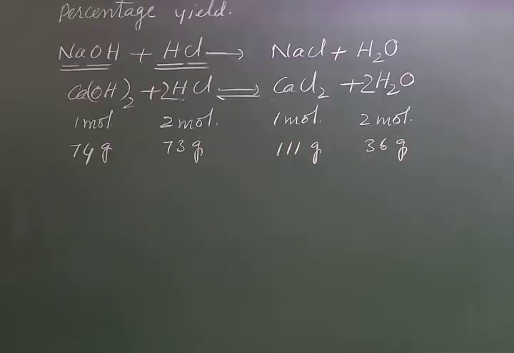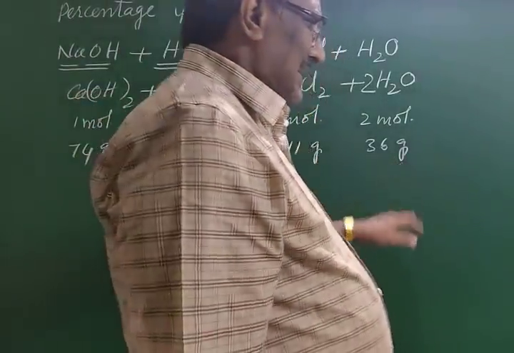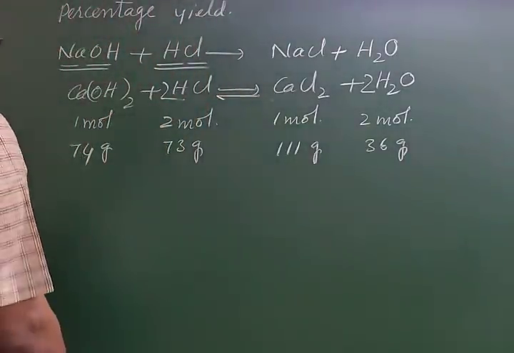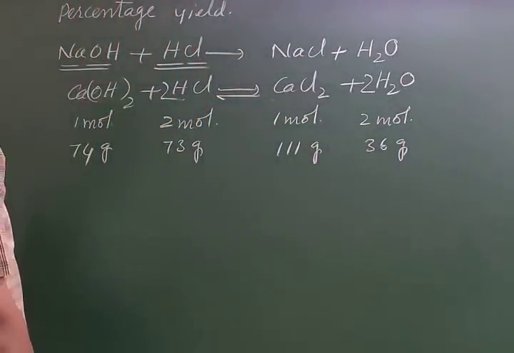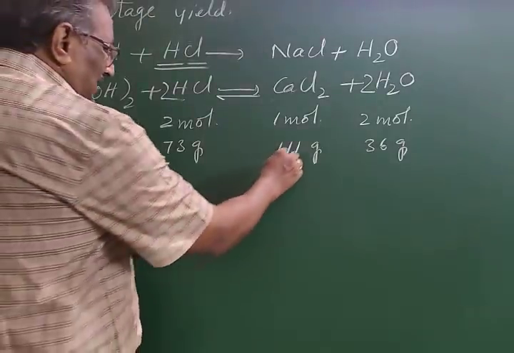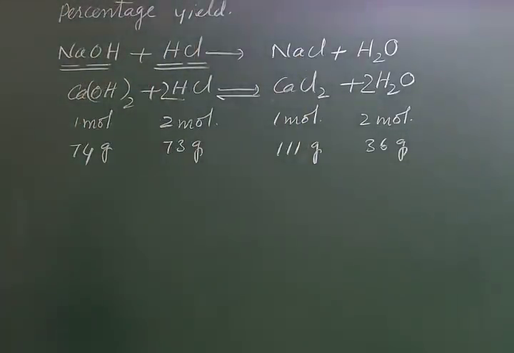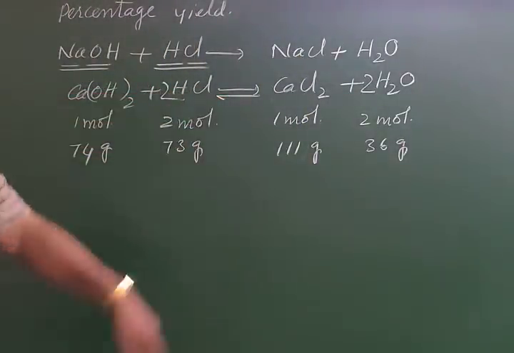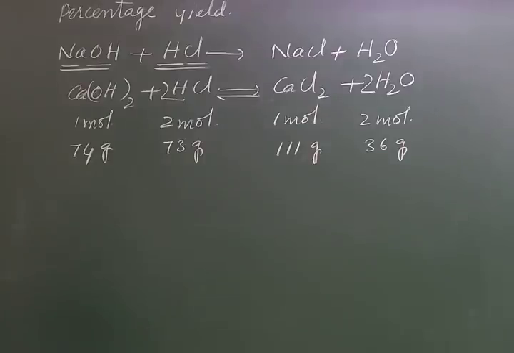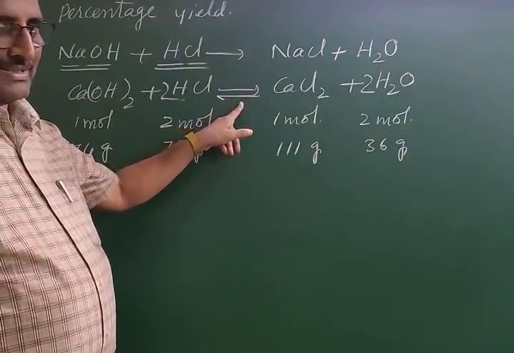These are the masses of reactants and products involved in the reaction according to the stoichiometric equation. If this reaction is 100% completed, the actual yield of calcium chloride is 111 grams. But this reaction is not 100% completed. It is a reversible reaction.